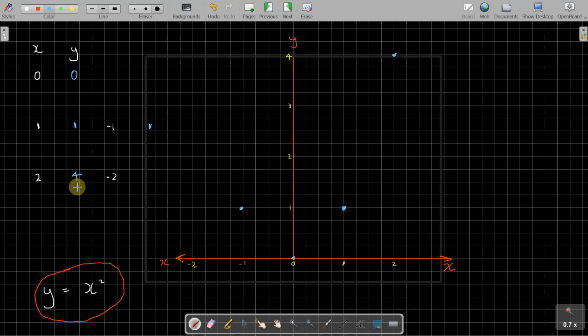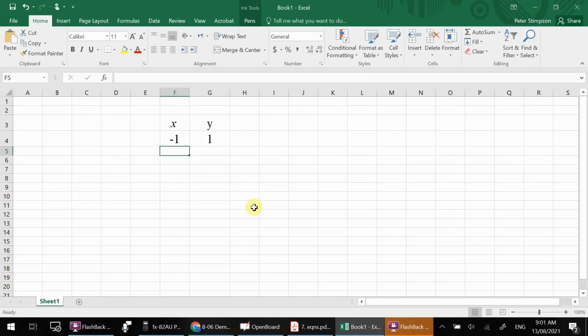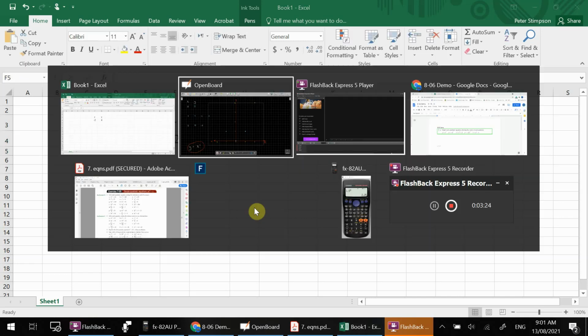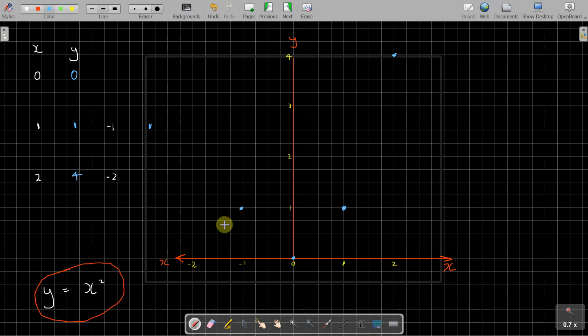And it's starting to look a bit symmetrical either side. Okay, let's go -2. -2, 4, because -2 times -2 is 4. So we go down to here, -2, up to level with 4. So now we've got the shape happening.